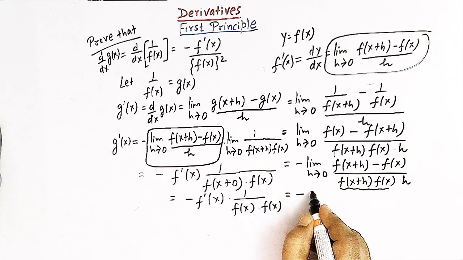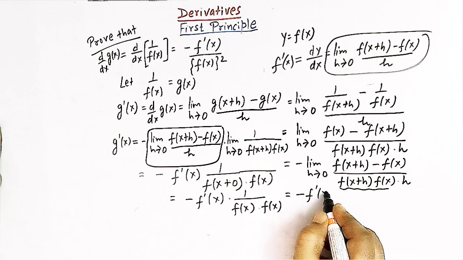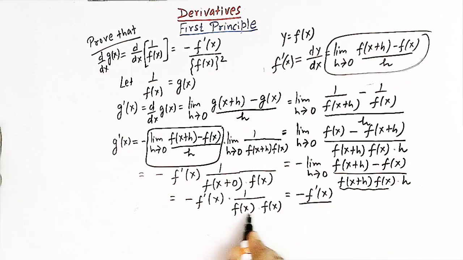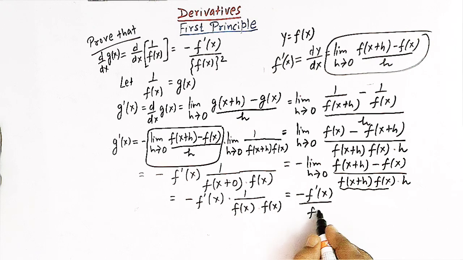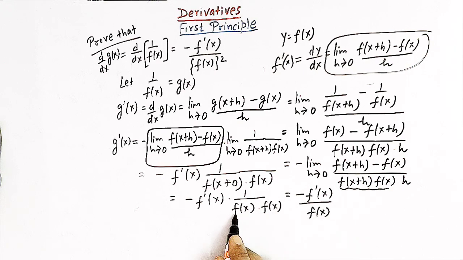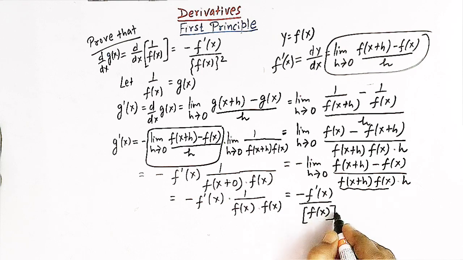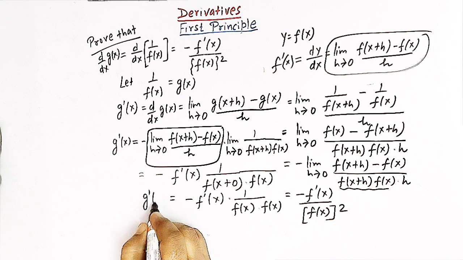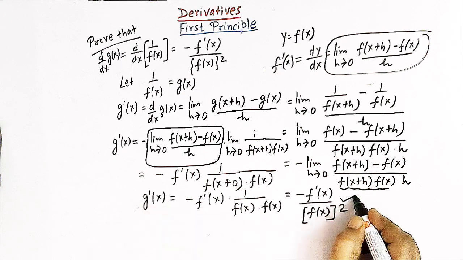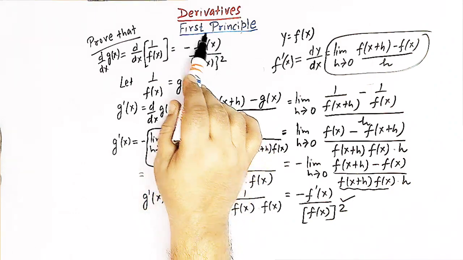So now we have minus f prime of x divided by the square of f of x, because when we multiply f of x and f of x, we get the square of f of x. So g prime of x is now equal to our desired result.